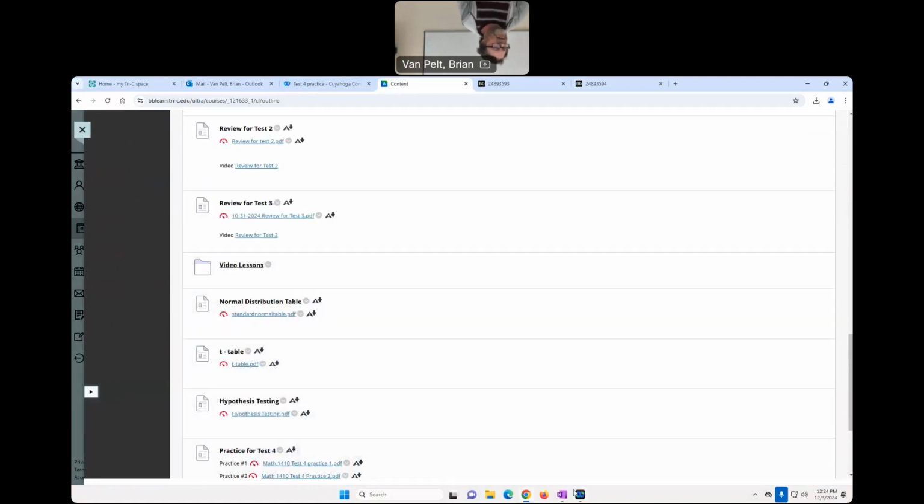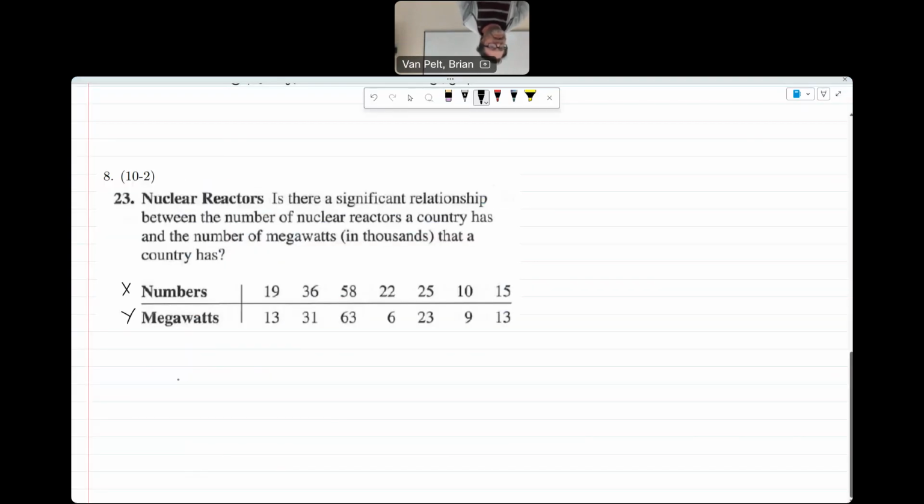Can I use my calculator or do I have to look at it? You're going to have to use something else if you want to do this problem.